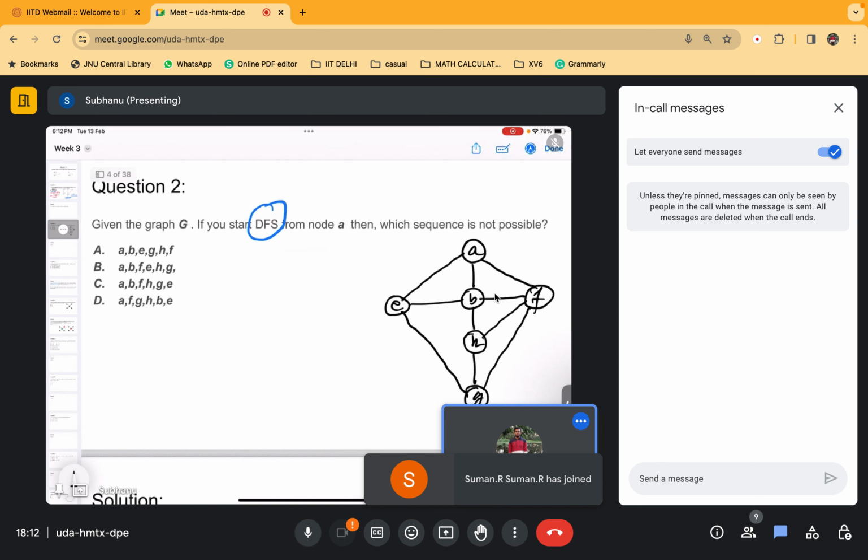If we start DFS from node A, so this is our starting point, then which sequence is not possible?